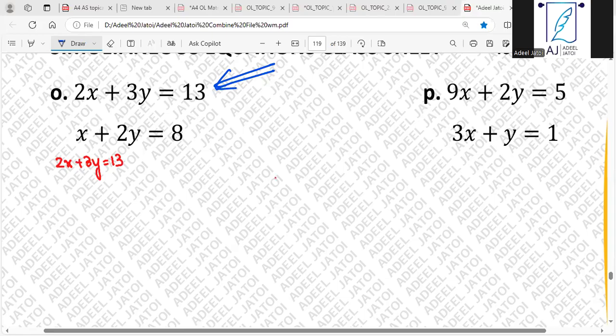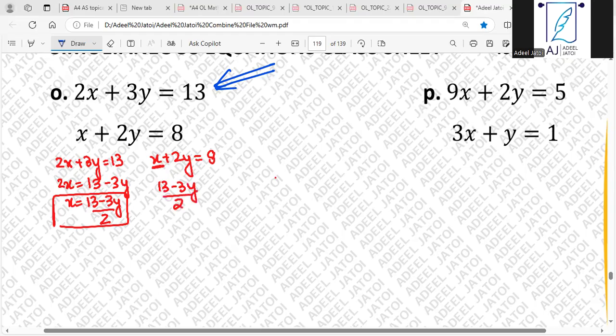Part O, 2x plus 3y equal to 13. So can we say 2x is equal to 13 minus 3y? x becomes 13 minus 3y upon 2. Do you guys agree? On the other hand, the other equation is x plus 2y equal to 8. So we substitute in this place: 13 minus 3y upon 2 plus 2y equal to 8.